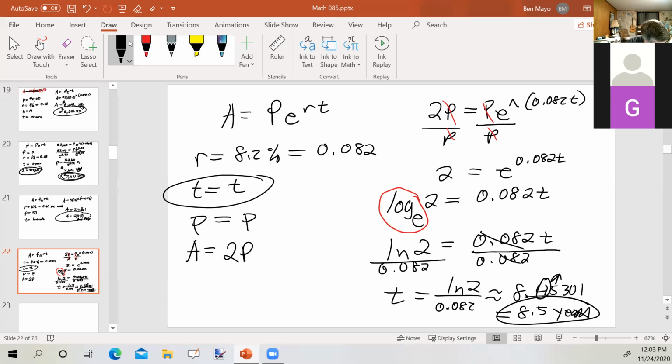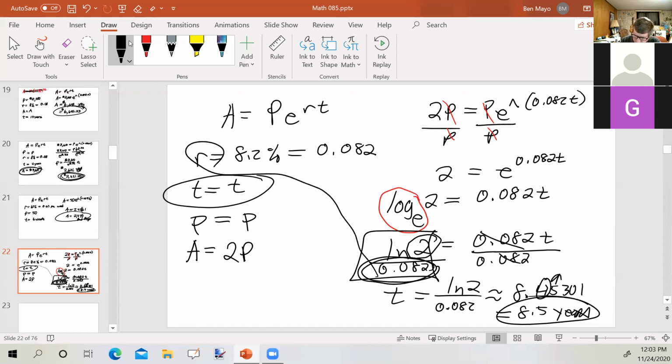Now, let's take a look at this. What were we trying to do? We were trying to double the population, and notice that we're taking the natural log of 2. And this number down below, where did that number come from? It was r.